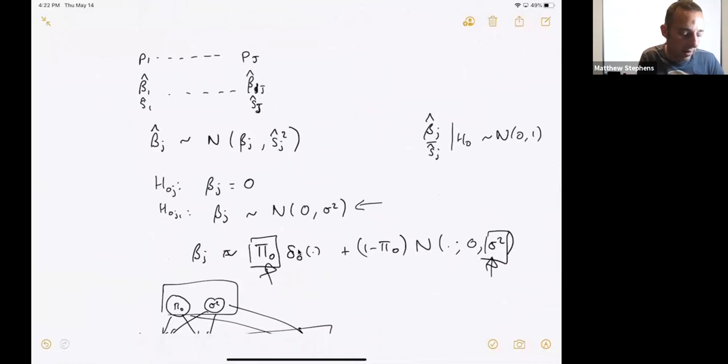Under this model, the mode of the effect size under the alternative is still zero. That's probably not unrealistic. It's probably usually the case that there may be a small number of non-zero effects, but some of them will be very close to zero and some of them will be very far from zero.